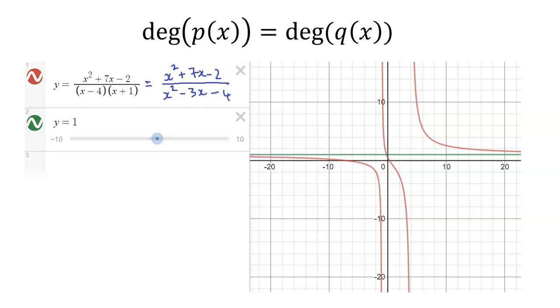And we can see that our horizontal asymptote in this case is going to be y equals 1, because the coefficient of the x squared and the x squared is 1. So y equals 1 divided by 1 is our horizontal asymptote, which is equal to 1. And we can clearly see it here. This is the line y equals 1.